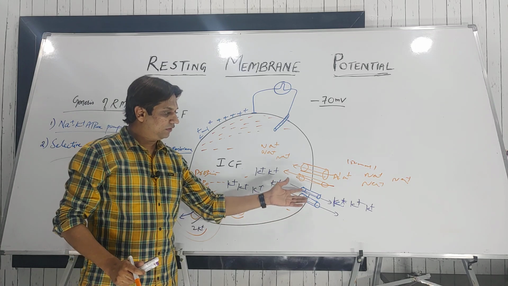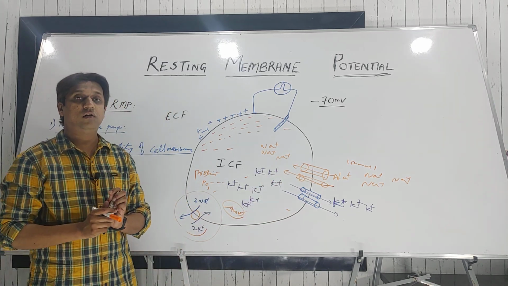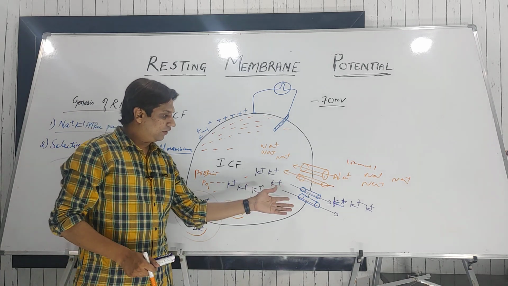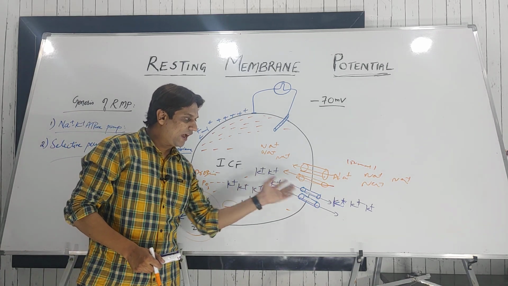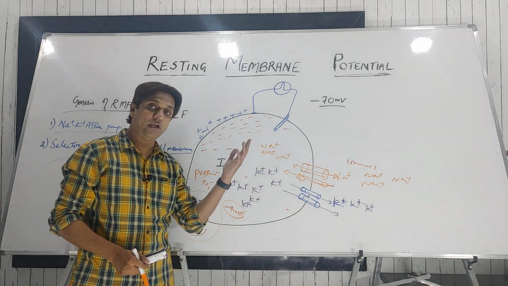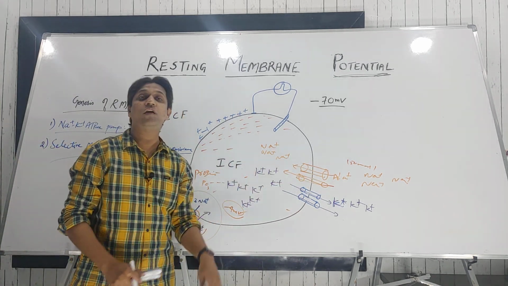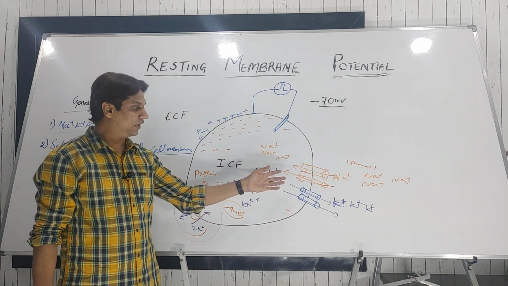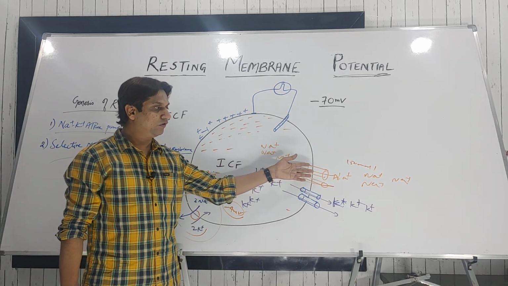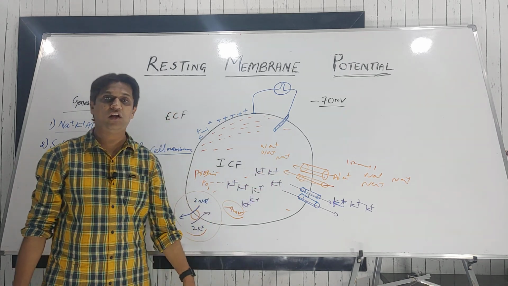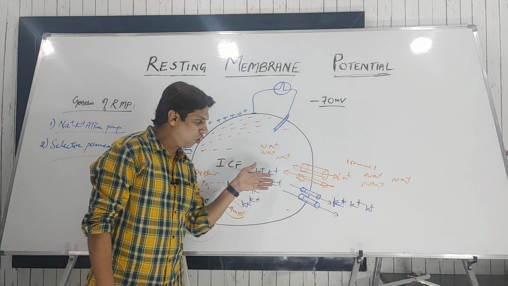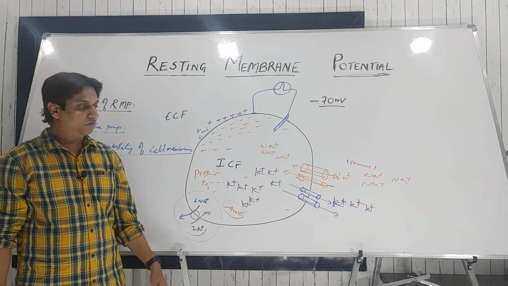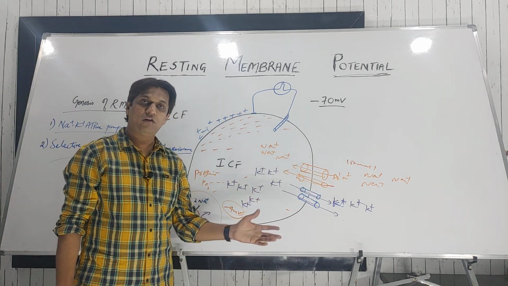Now these ion channels are not equally functioning. For example, this cell membrane allows potassium 10 to 100 times more than sodium. So the sodium channels are not functioning as well, that is, the membrane is not as permeable to sodium ions as compared to potassium.